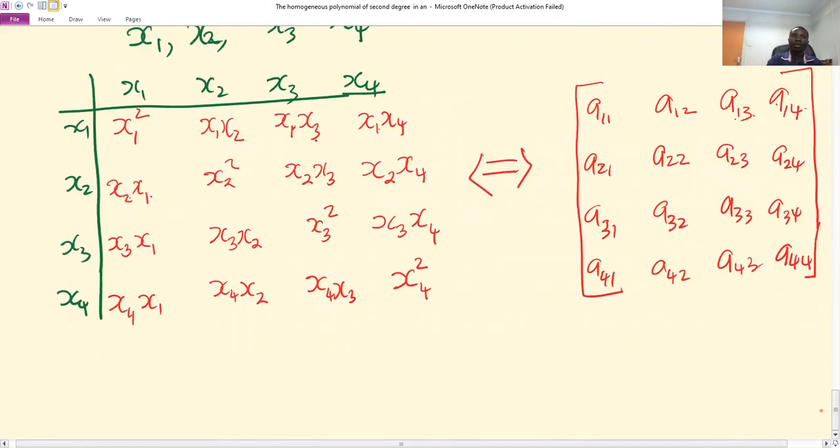So we take every element times its corresponding position from this general way of writing the 4 by 4 matrix.